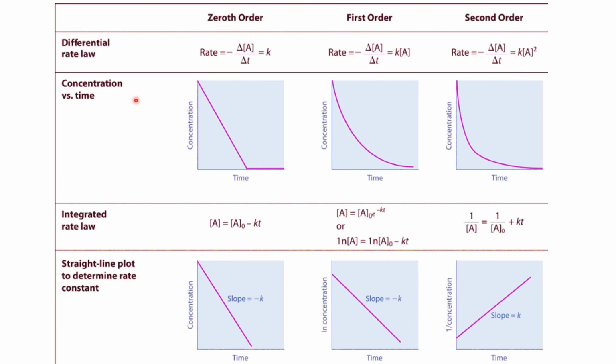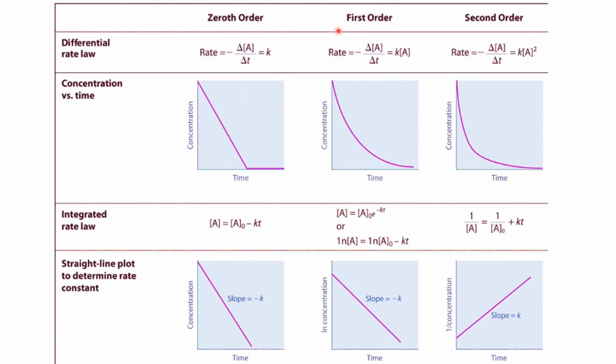Now when we are plotting the curve of concentration with time for the zeroth order, it will look like this. Initially it will be a steep line, and suddenly it will become constant. Why? Because it is not depending on the concentration of the reactant.